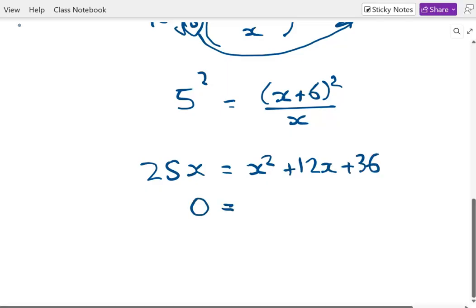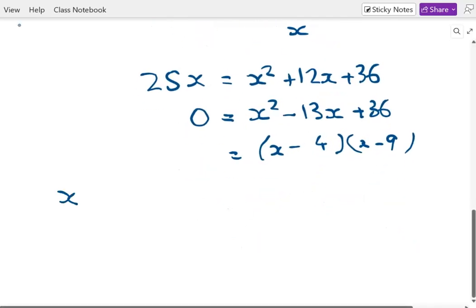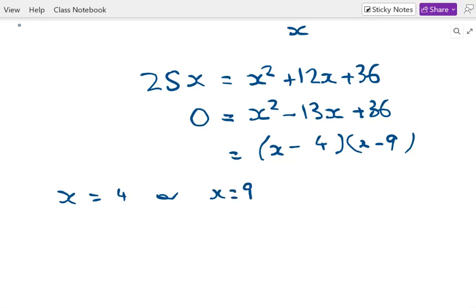That gives us 0 is equal to x squared minus 13x plus 36. And we can factorize that easily. It's x minus 4 times x minus 9. So that's giving me two values: x is equal to 4 or x is equal to 9.